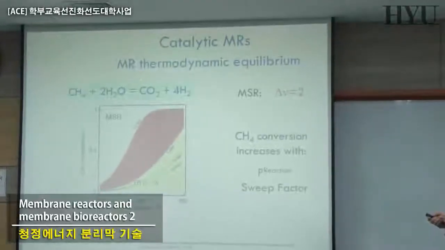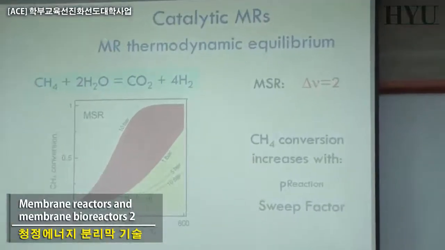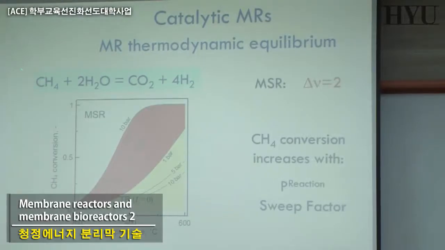This is the reaction, another case, the steam reforming, the reaction upstream of the water gas shift. In this case, you have a change in the number of moles. This delta N is equal to, basically... And you can see here again the methane conversion as a function of temperature.